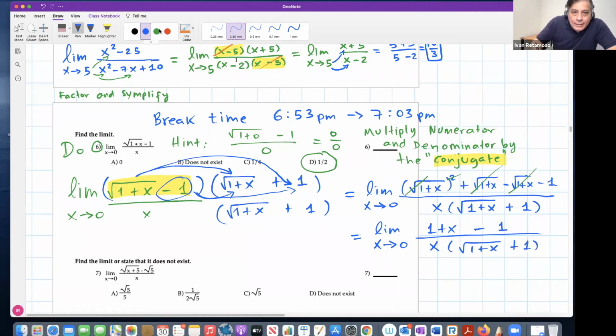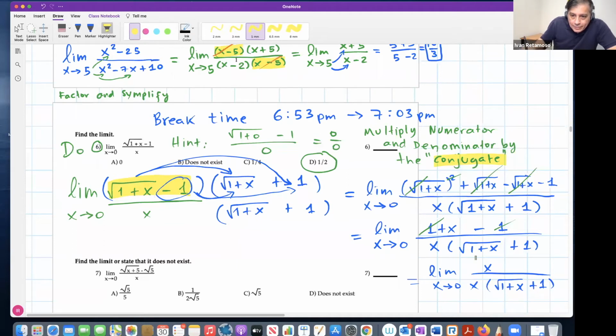Now, Professor, why did you keep the denominator in factor form? Well, because of this. Look, 1 minus 1 is 0. So then notice that this x will appear on the numerator, and if you keep this in factor form, you will notice that this x is also here. That's the reason.